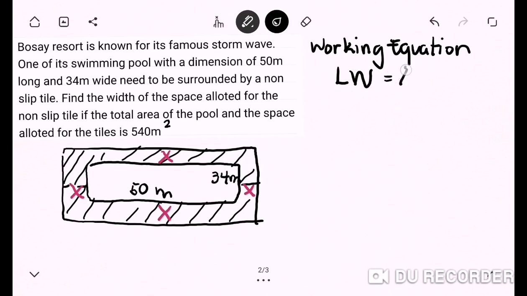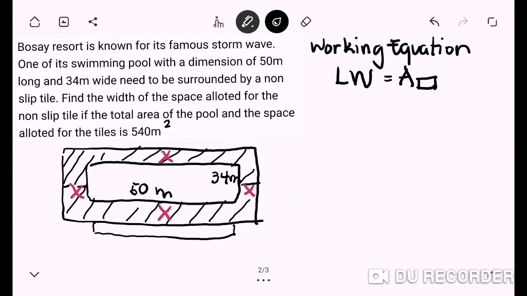So, ito yung formula para makuha natin yung area ng rectangle. Okay. So, isa-isahin natin. Para makuha natin kung ano yung magiging lapad, dapat alam natin kung ano yung magiging area ng malaking rectangle.